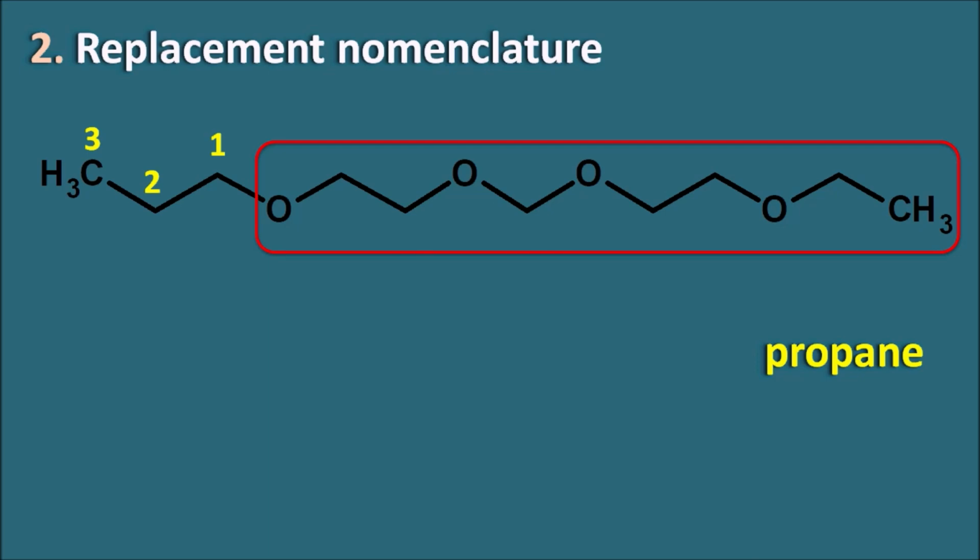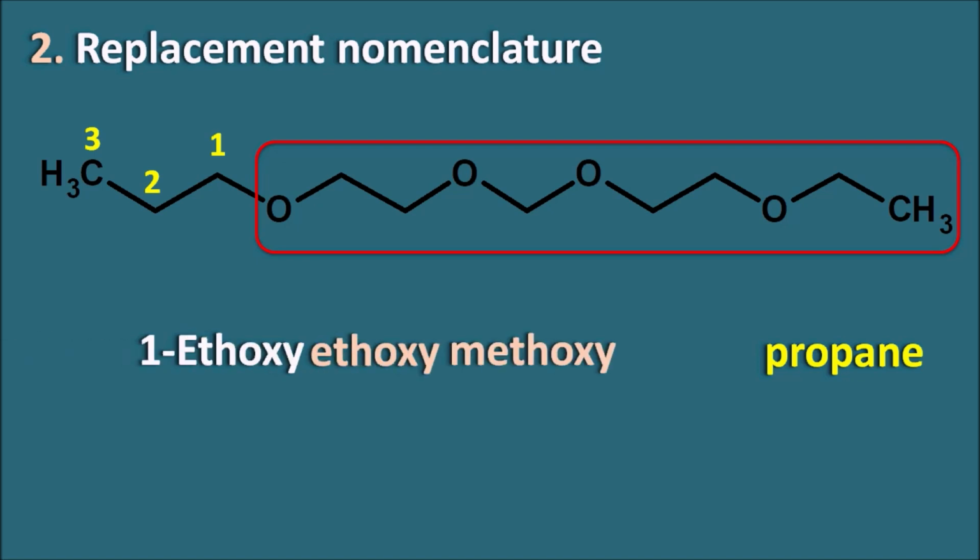So this entire side chain is attached to the first position, so we have to represent it by 1, and we have to start the name for this side chain from the terminal. So terminal is ethoxy, so we can write 1-ethoxy. This ethoxy group is further attached to another ethoxy, then it is attached to the methoxy, and finally it is again attached to the ethoxy. So now the name is 1-ethoxy-ethoxy-methoxy-ethoxy-propane. Now it is more complex.